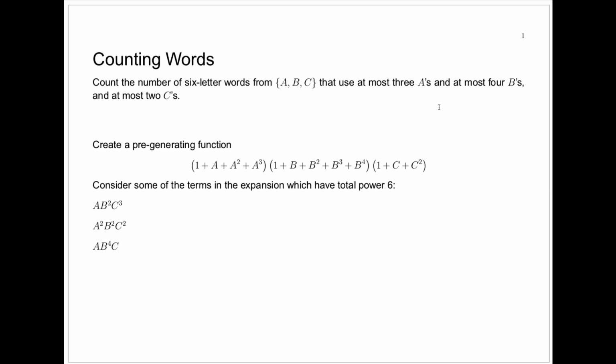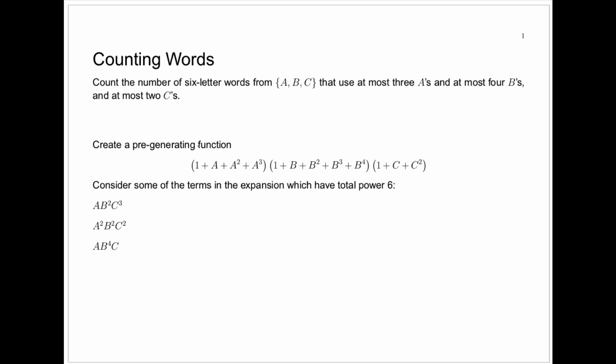So let's take a look at an example. Let's say we want to count the number of 6-letter words from this set ABC that use at most 3 A's, at most 4 B's, and at most 2 C's. Let's start with a sort of pre-generating function where for the A's we have a factor that looks like 1 plus A plus A squared plus A cubed.